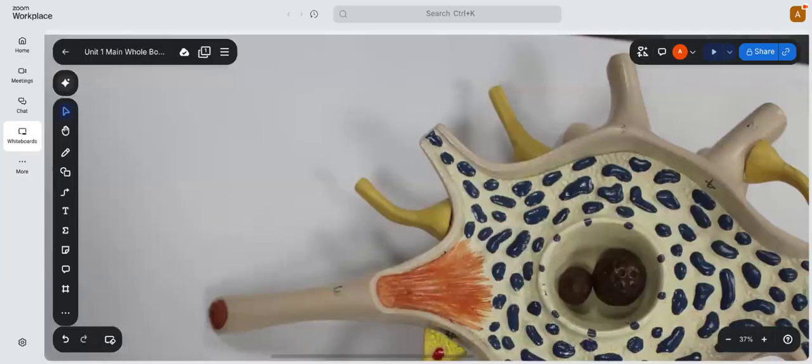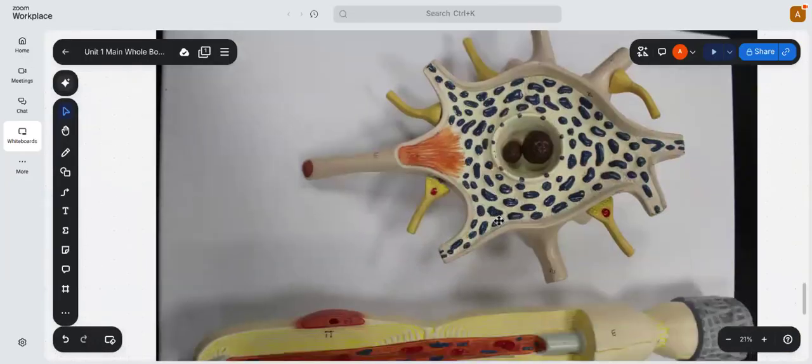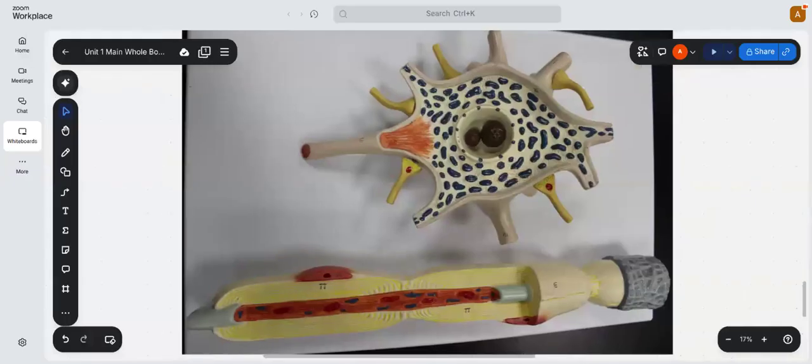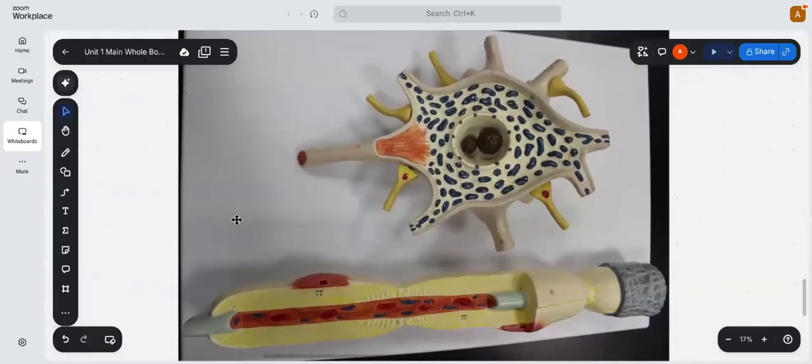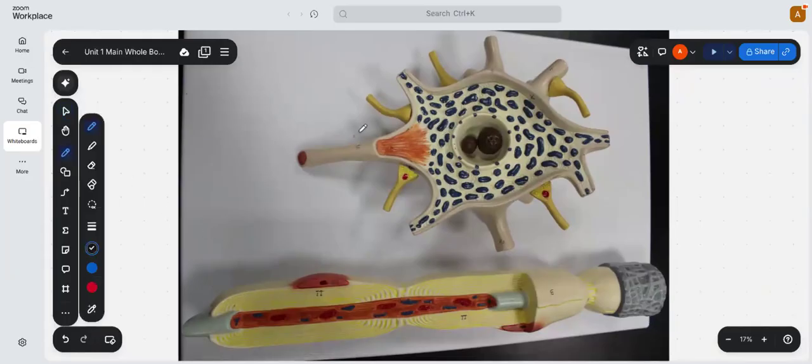So that was everything for digestion. And now, very last part, we are going to look at a neuron. This is actually one of my favorite models to look at. I think it looks really cool. So you have your soma. The soma is basically the body of the neuron.